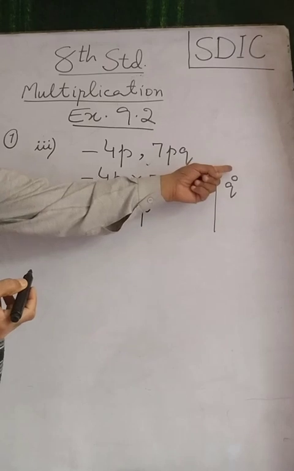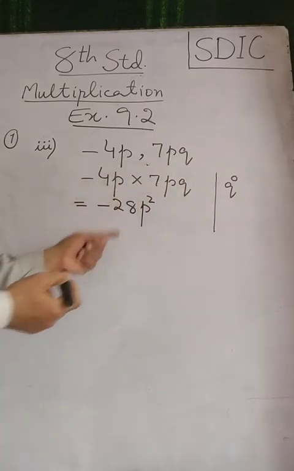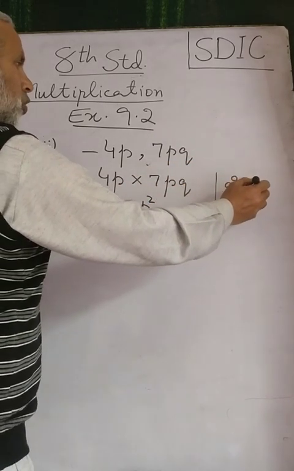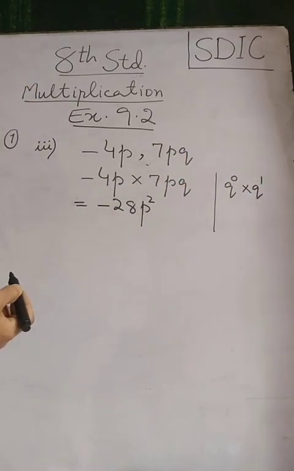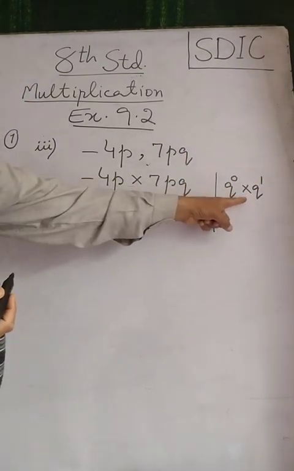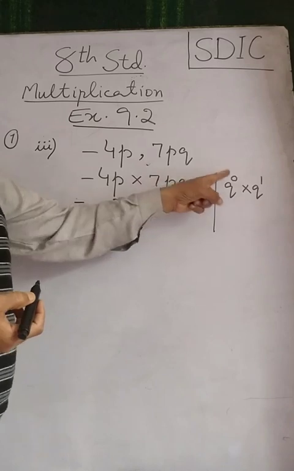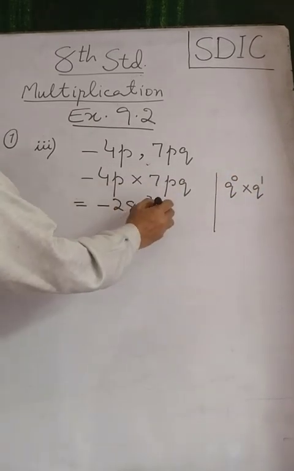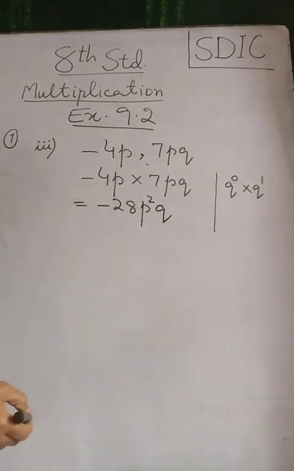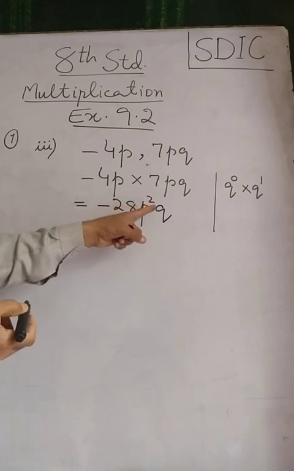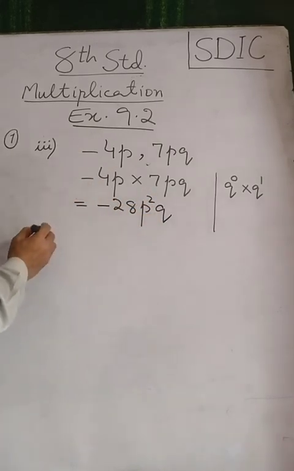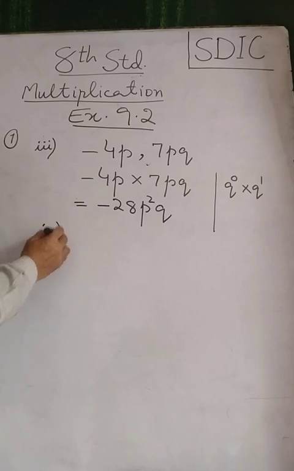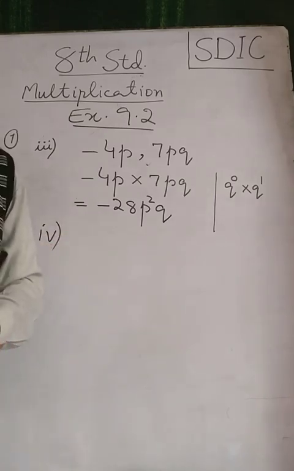We wrote it q raised to power 0 because it is missing. It is multiplied by q, which does not have any power, means 1 will be the power. Then same rule will be used in multiplication. Bases are same, powers are added. We'll get q raised to power 1. Now we need not write 1, that is understood. Thus it will be p square q again. This was third part. Then part number 4. Same procedure.